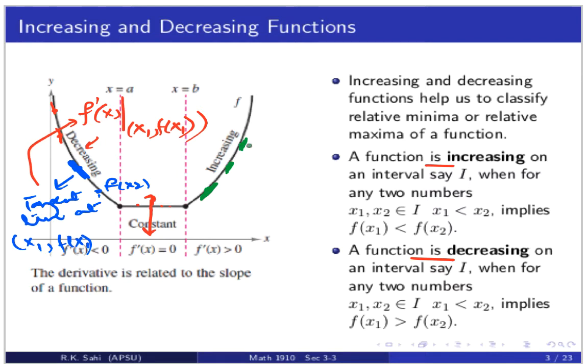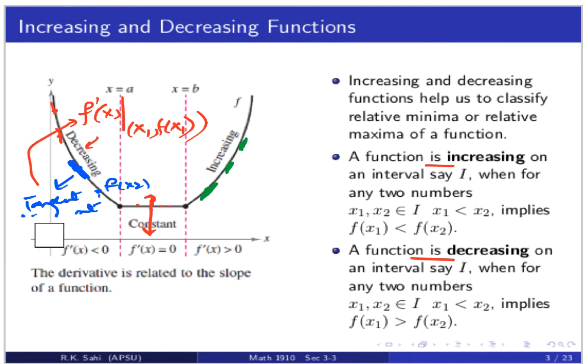So what is the relationship? If you have an increasing graph on an interval, the derivative at each of those points on the increasing part of the graph is always going to be strictly positive. This is a very important concept.